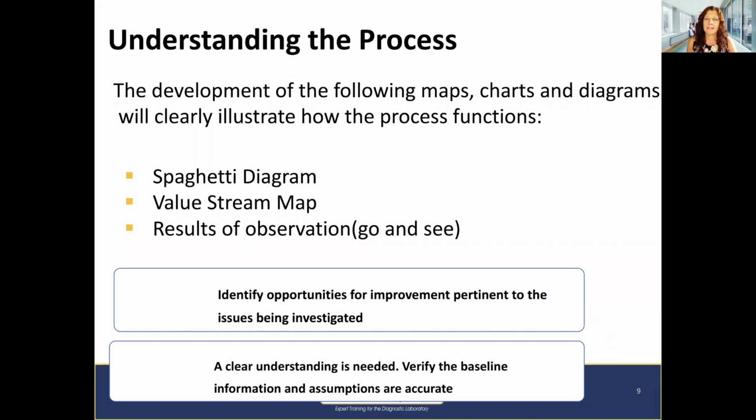And this is the baseline information. Once we make the changes and improvements, then we can compare this baseline to our improved process, and then we can really see what we've done as far as improving the process or redesigning the process, bringing that defect rate down, eliminating that waste and inefficiency.